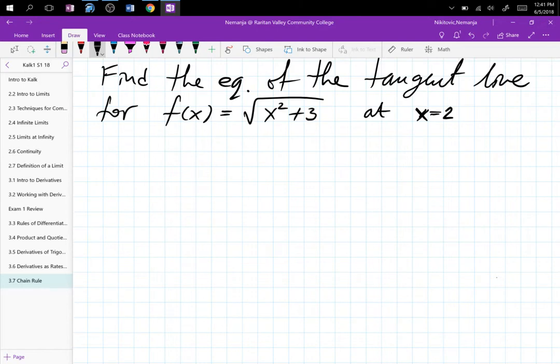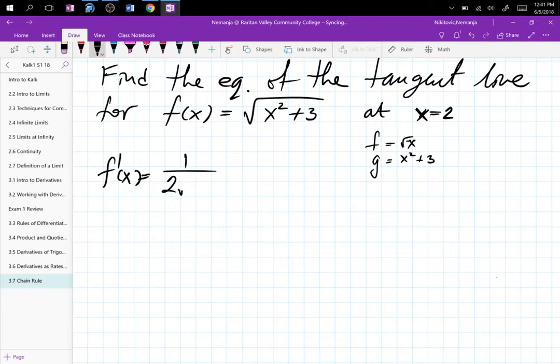All right, let's take a look at this. So first order of business is to find the derivative. And we said, in this case, f is equal to square root of x and g is equal to x squared plus 3. So I will take the derivative, get 1 over 2 root x, but instead of x I have to put x squared plus 3.